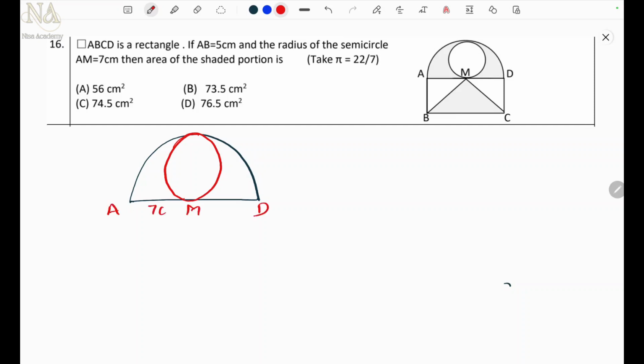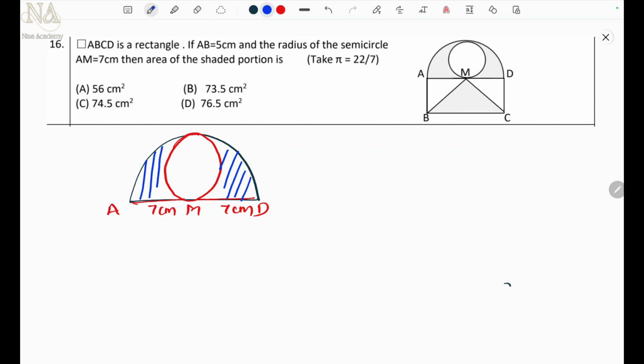AMD. AM is 7, that is the radius, so MD is also 7 centimeter. Now I want to find the area of the shaded part, which is marked in blue.